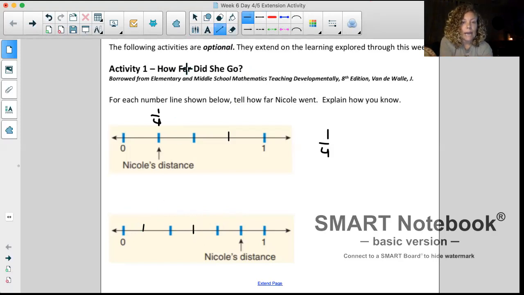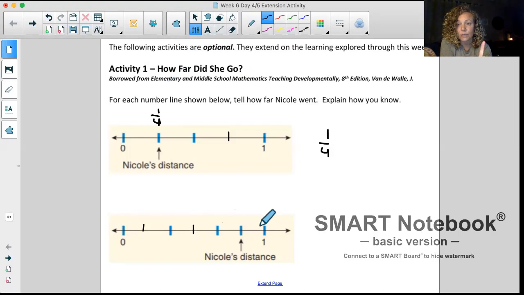And then we can count to see what the units are here. So we've got 1, 2, 3, 4, 5, 6. Those are sixths because there are 6 parts equal to 1 whole. And we're pointing to this one. So this would be, we know 0/6, right? 1/6, 2/6, 3/6, 4/6, 5/6. So this distance here is 5/6.